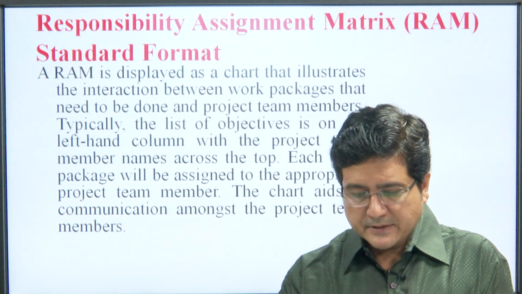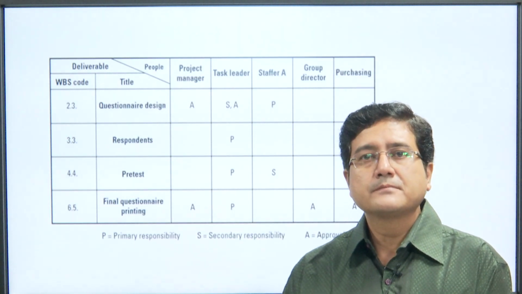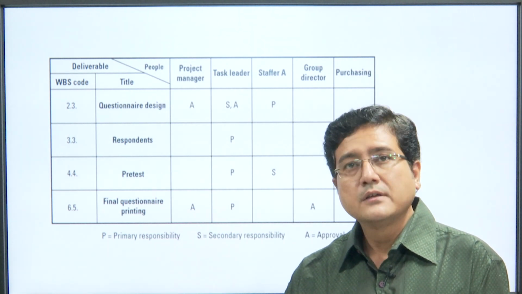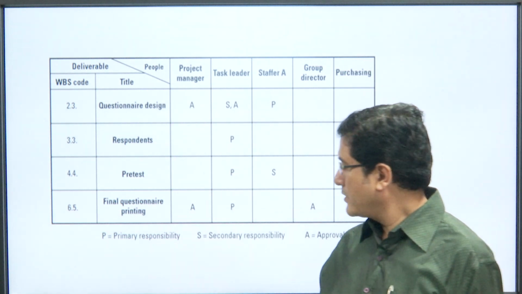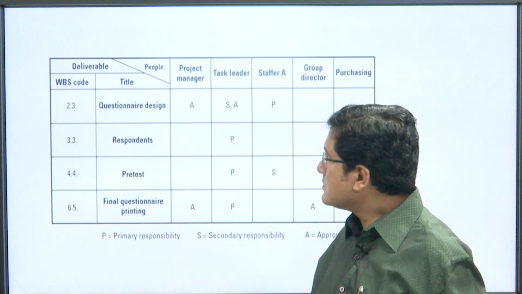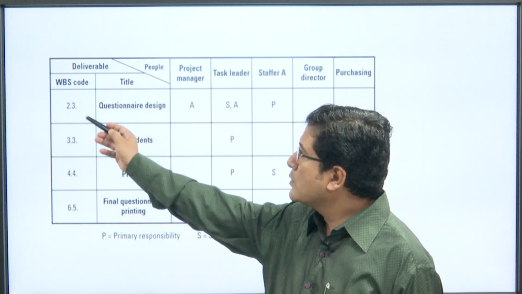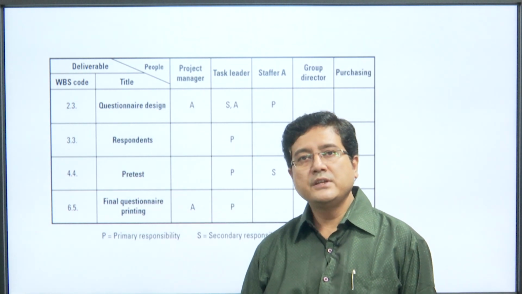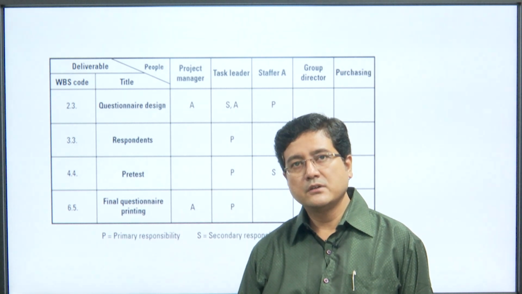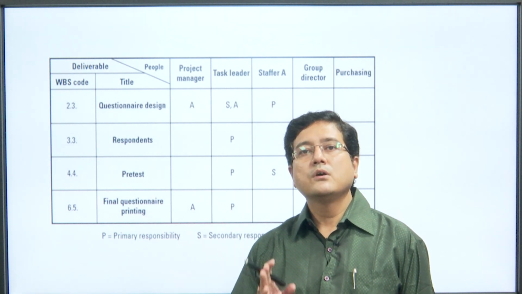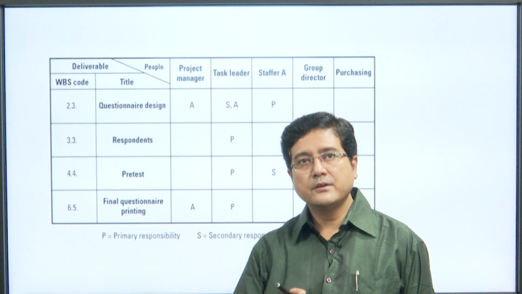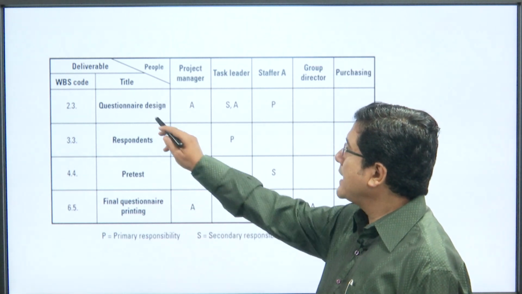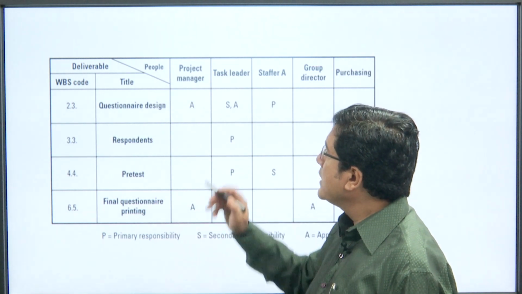So, how will this matrix be done? Like this. See, in this matrix we see here these are the work breakdown codes. Because we initially break down the work, we need work breakdown codes. We break down the work, then these are the titles of the work and who is responsible?